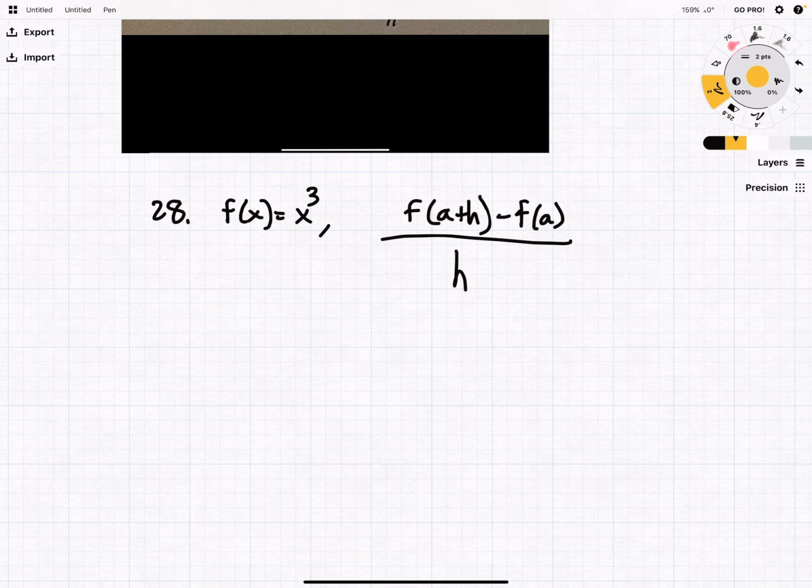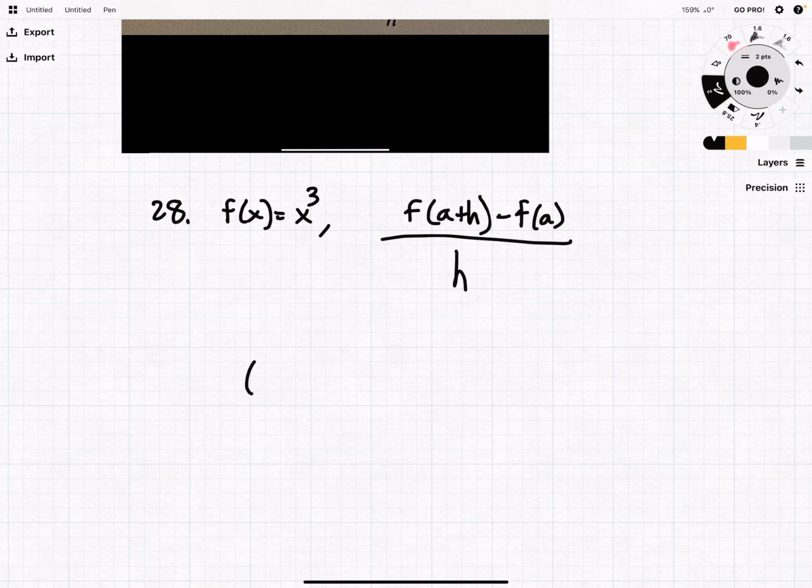And so what they want us to do is anything in parentheses here, we're going to plug into our function. So what we have is f of a plus h minus f of a all over h. So we have, hold on, I'll write this in black.